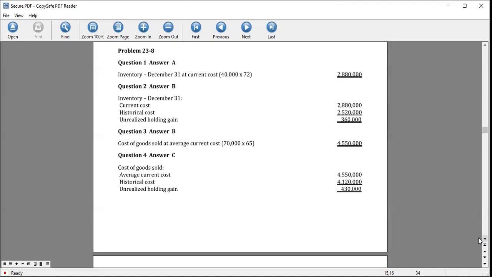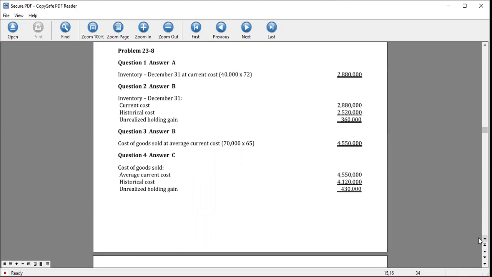So we get the amount of ending inventory of 2,880,000. The unrealized holding gain on inventory for the current year is at current cost 2,880,000, at historical cost 2,520,000. So the unrealized gain of 360,000.